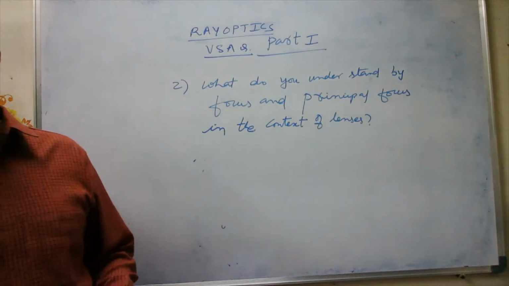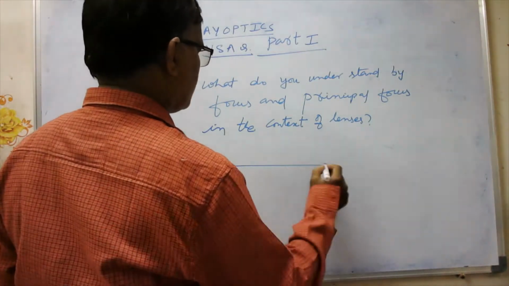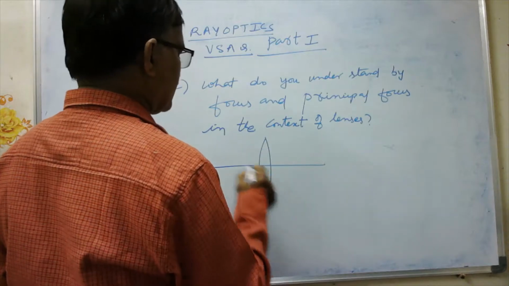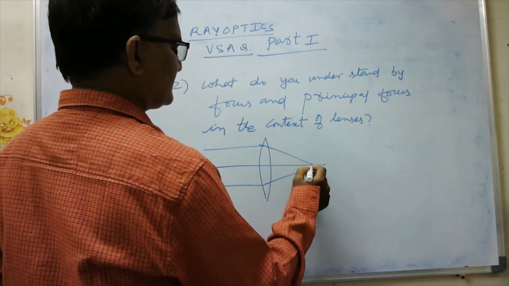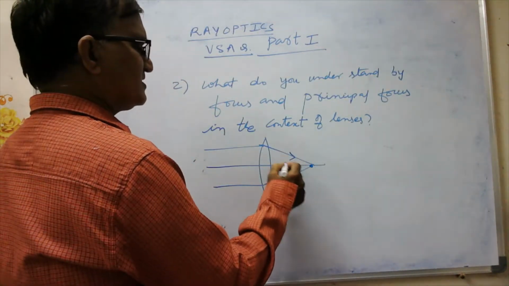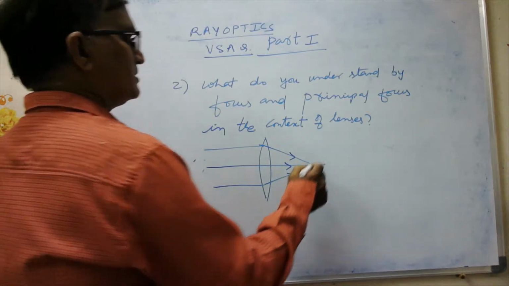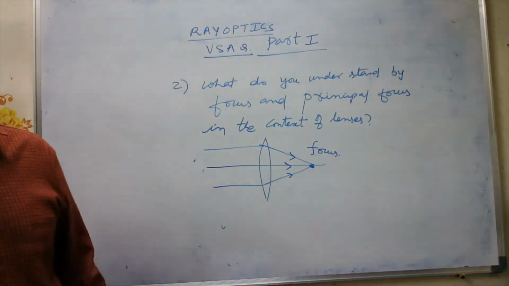Now, focus means what you know. Suppose, for example, when a parallel beam of light is allowed to incident on a convex lens, the rays will converge at one particular point. This is called as focus.